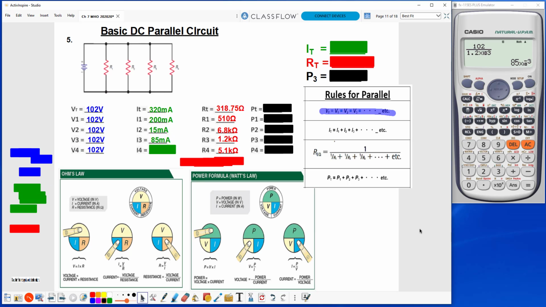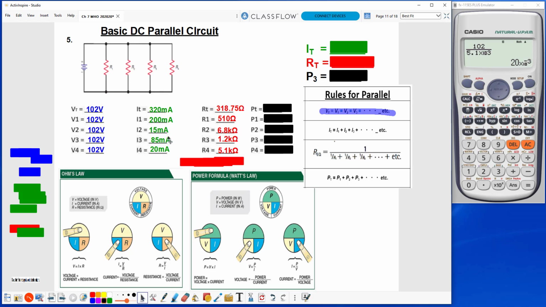Last but not least is number 4. So it's the 102 volts already in my calculator divided by 5.1 K ohms. So I clear out the numerical value, leaving the metric prefix, or engineering, and I'm going to hit equals, hit engineering, and it tells you it's 20 milliamps.